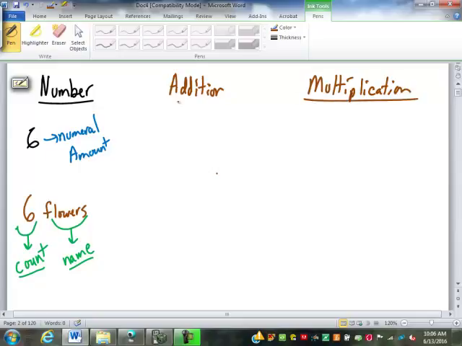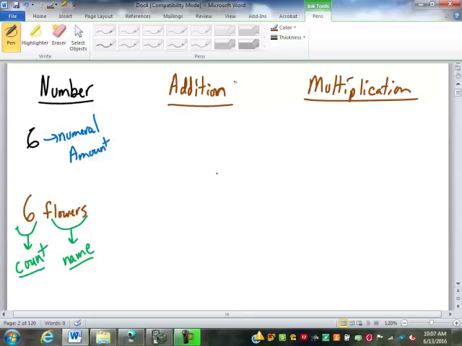Now some of you might be wondering, well, addition and multiplication, where'd subtraction go? Where'd division go? Well, when you get into real mathematical theory, we've all been taught you have addition and you have subtraction, but technically, they're the same operation. When we look at negatives or integers, we're going to see that addition and subtraction are the same.